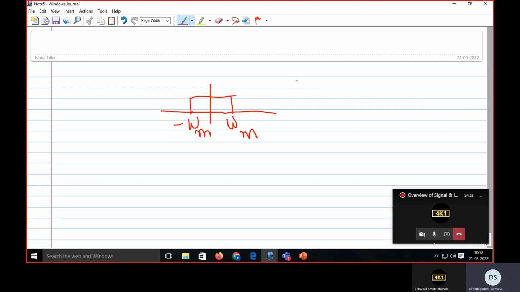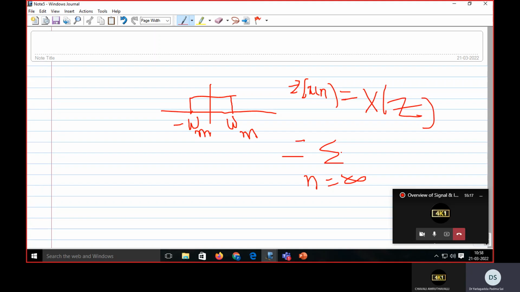For example, I have my signal: the Z transform of x of n is X of z, that is equal to the summation from minus infinity to infinity of x of n z power minus n.